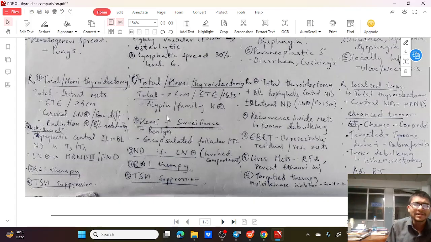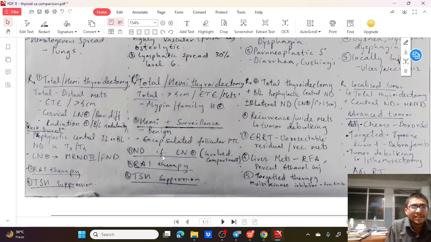Also sometimes when we consider that the lesion is benign, we can go for a hemithyroidectomy with surveillance. In case of benign, that is follicular adenoma, or a variant like encapsulated follicular papillary thyroid neoplasm, we again go for a hemithyroidectomy with surveillance.